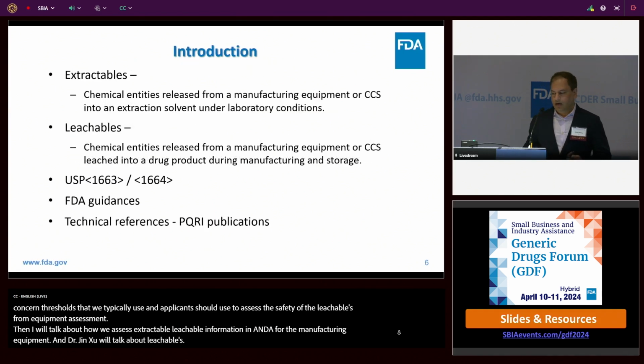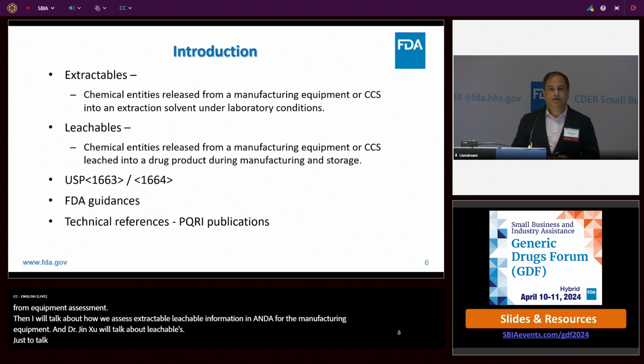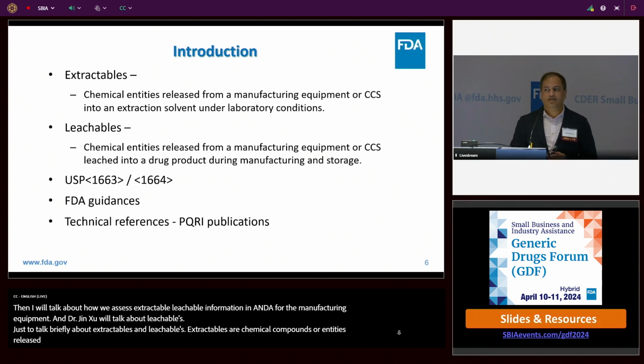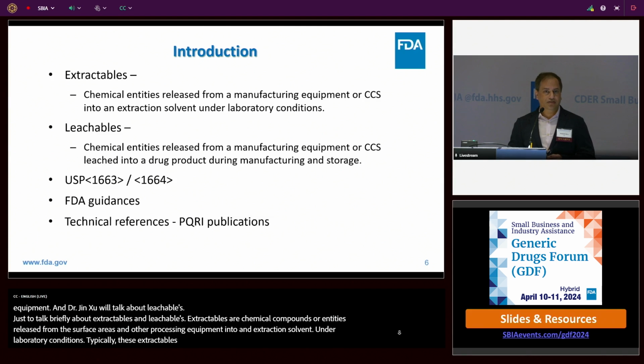So just to talk briefly about extractables and leachables. Extractables are the chemical compounds or entities that are released from the surface areas of either process equipment or containers into an extraction solvent under laboratory conditions. Typically, these extraction conditions are exaggerated conditions.